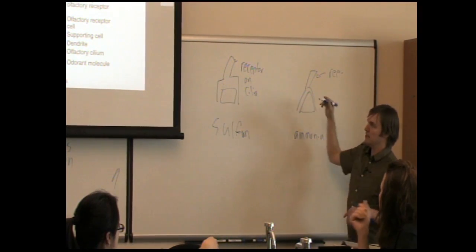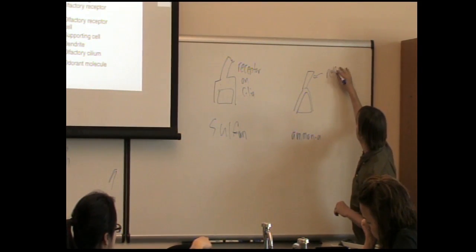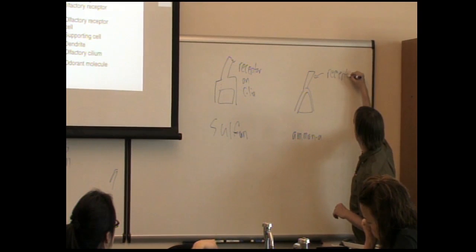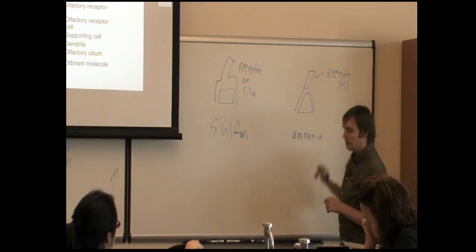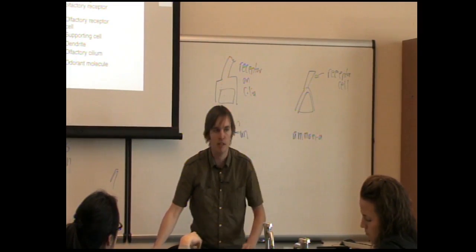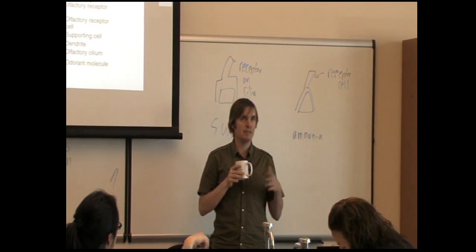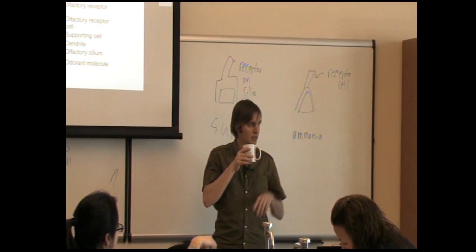And the cilia are on the receptor cell. They're little. You have microvilli in your digestive tract, which are even smaller than cilia. It's kind of the same idea: they stick out and do stuff.